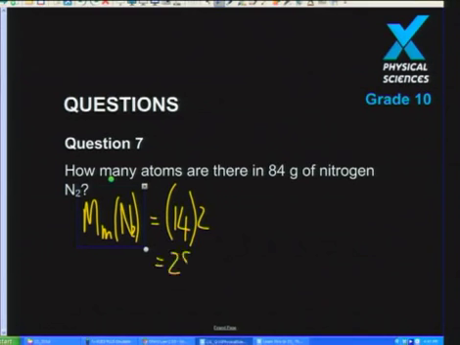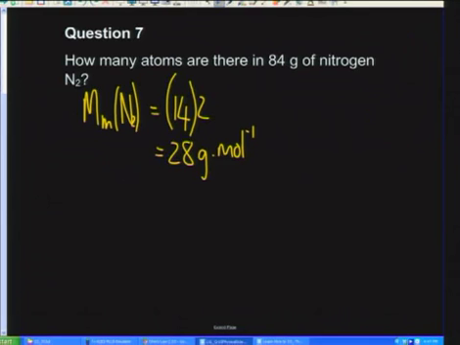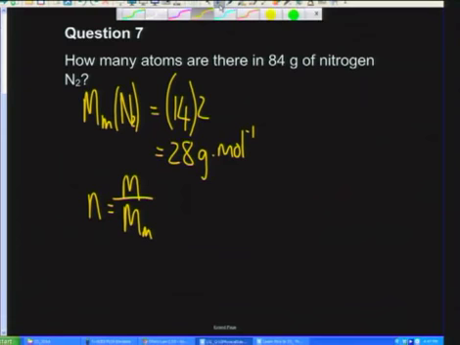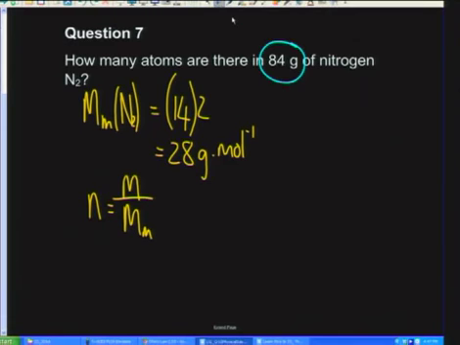So 28 grams in 1 mole. Okay. The next step I need to do is work out, okay, if I've got 28 grams in 1 mole, how many moles have I got? So number of moles is equal to mass over molar mass. The question is, have I got the mass? Yes, I have. Looking across over here, I've got 84 grams of the stuff.